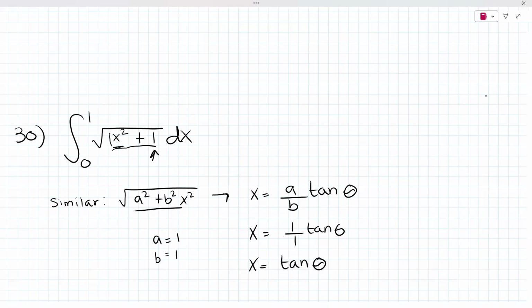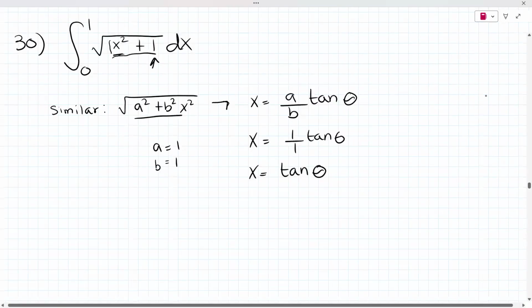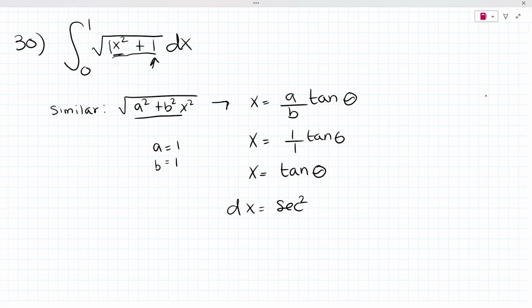Okay, and then we take the dx. What's the derivative of tan theta? It is secant squared theta d theta.